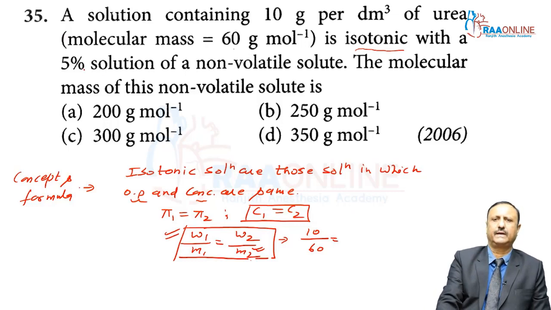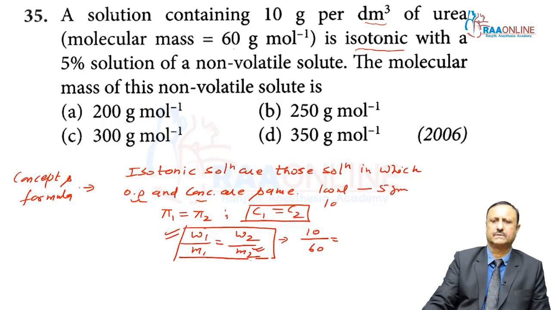5% means in 100, 5 gram is dissolved. So in 1000, 50 gram is dissolved because here the concentration is the same, per decimeter cubed means per liter. So here it is converted: 100 milliliter has 5 gram dissolved.